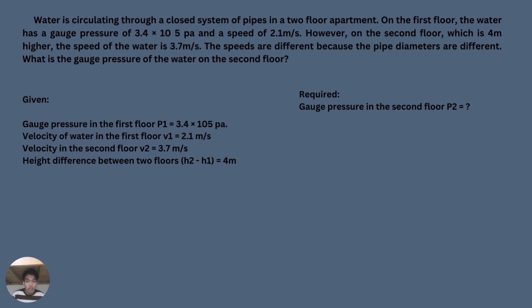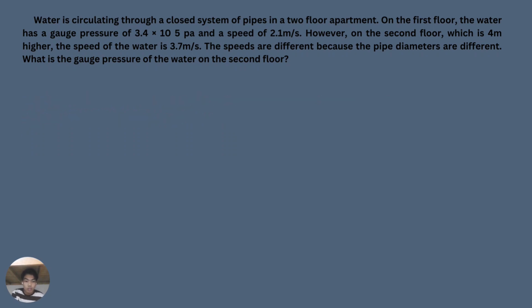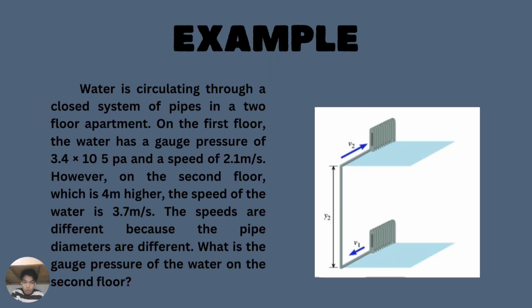first floor, which is kung i-observe natin ng mabuti yung diagram, yung first point natin is mag-start sa first floor. It means yung height natin sa mismong point 1 is 0. Then it is 4 meters above papuntang second floor.